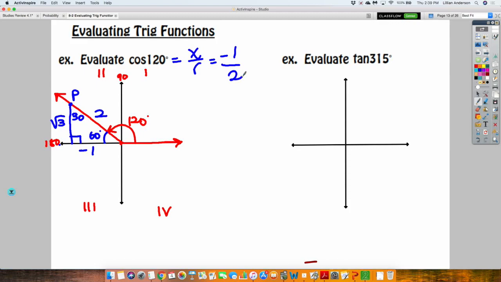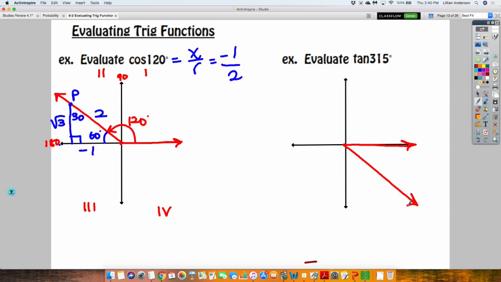315. Step 1: draw the angle in standard position. I know I need my initial side on the positive x-axis, but in what quadrant is 315? Quadrant 4.